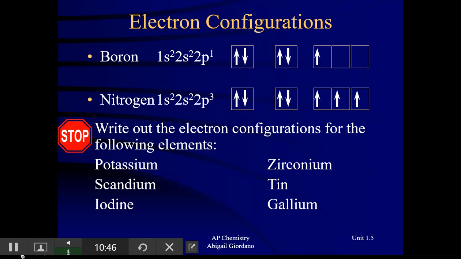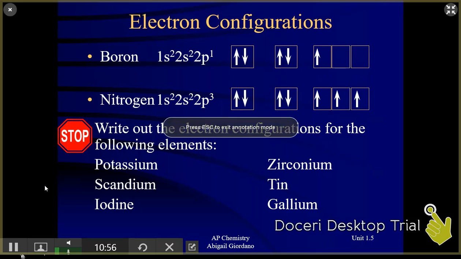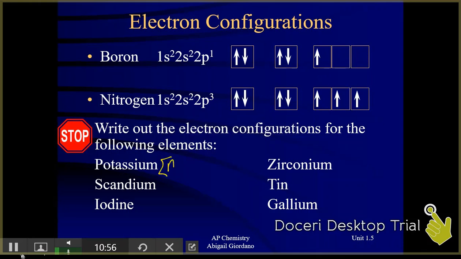Well, remember the noble gas configuration, you look at where your electron configuration ended and go backwards. What was the last noble gas in that configuration? And for potassium, that is argon. We put the symbol for that noble gas in brackets, and then we pick up from there.